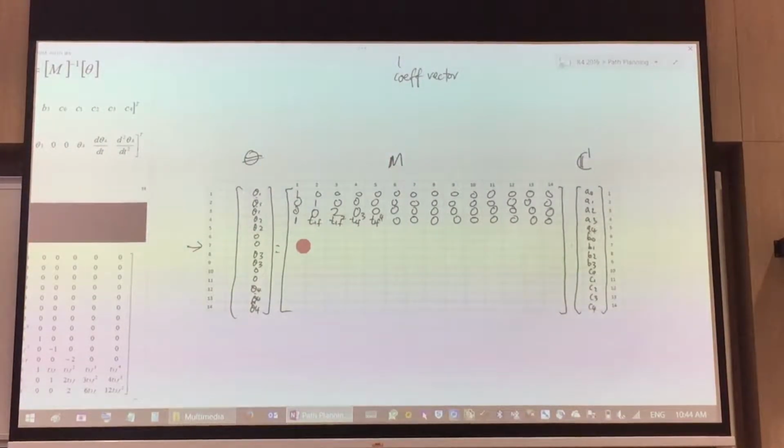Just write that out, and later on I'll write it out and we'll see if it matches. The seventh boundary condition relates to acceleration.